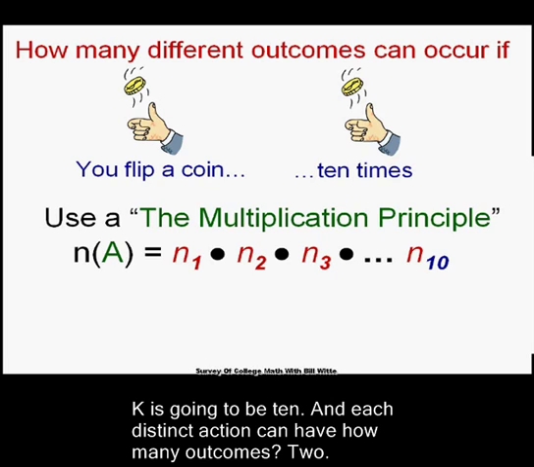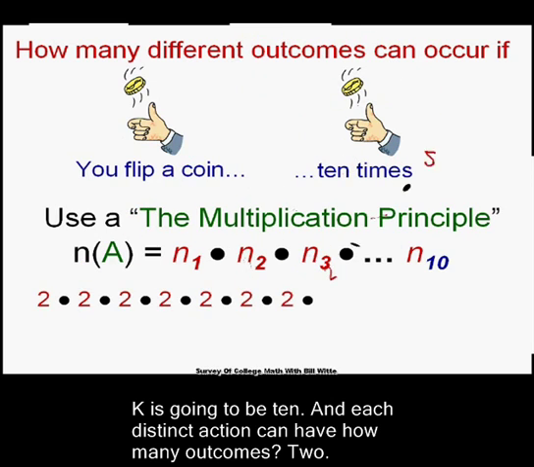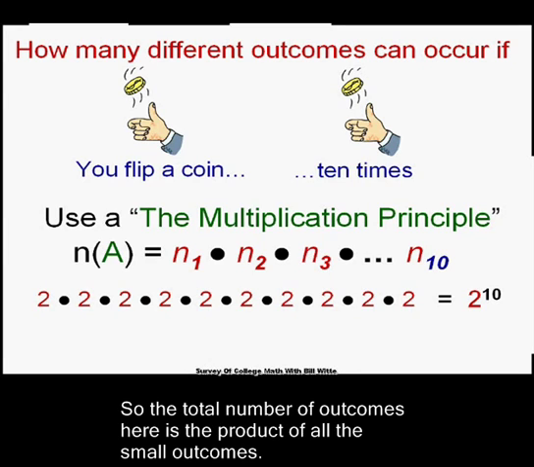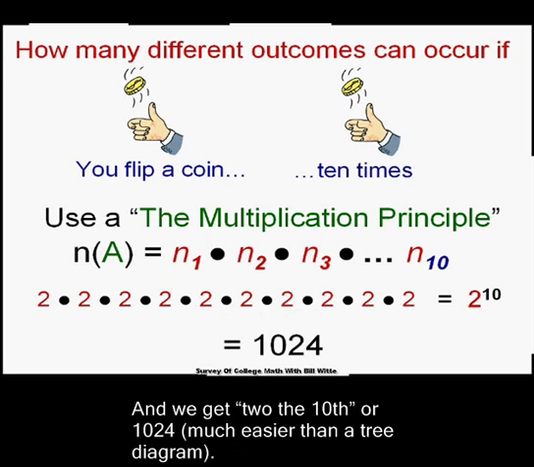And each distinct action can have how many outcomes? 2. 2 times 2 times 2 times 2, all the way out to 2 to the 10th power. So the total number of outcomes is the product of all the small outcomes. And we get 2 to the 10th, or 1024. Much easier than a tree diagram.